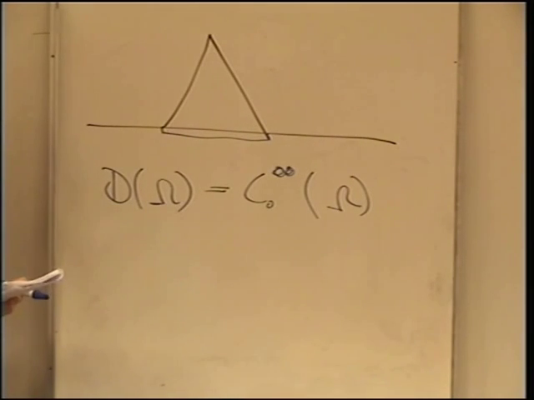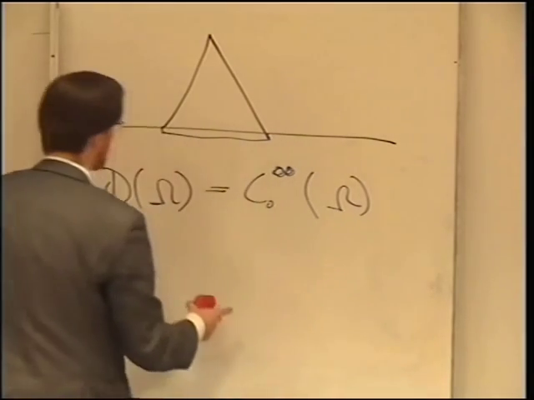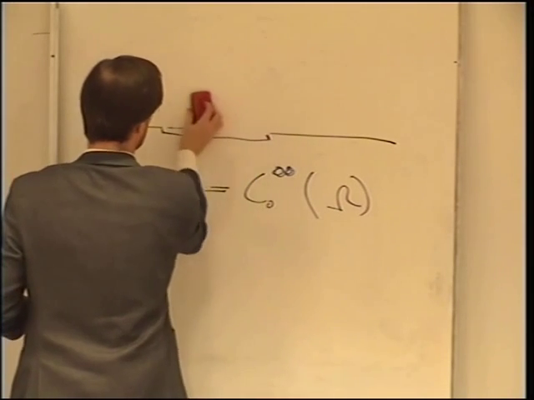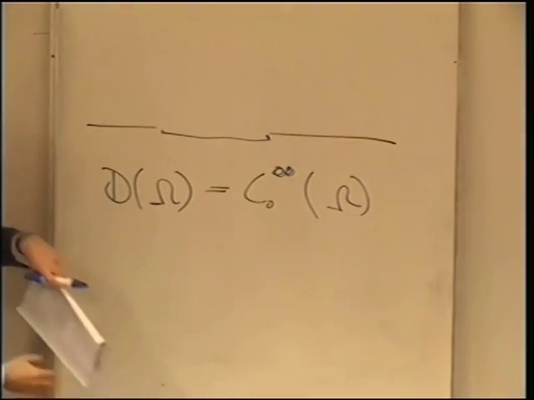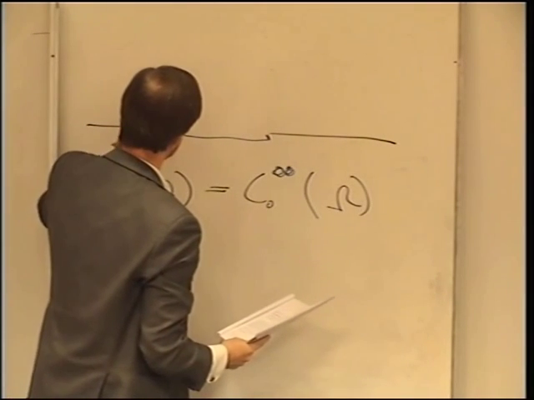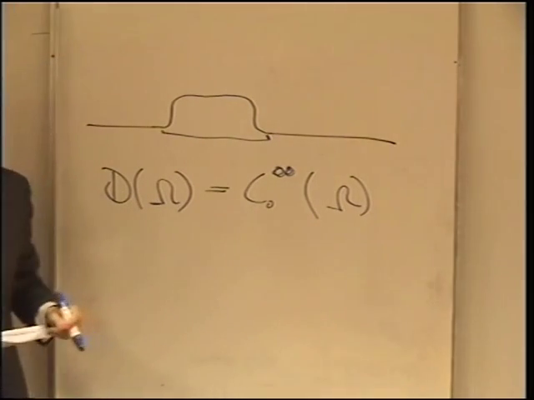Well, there's a lot of functions in this space, but obviously they're all very, very smooth. So what's going on is you have functions which, for example, look like this.